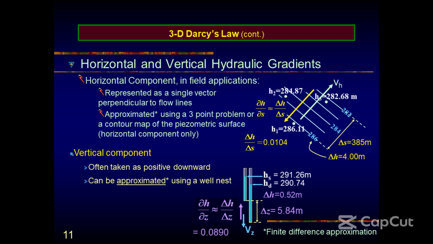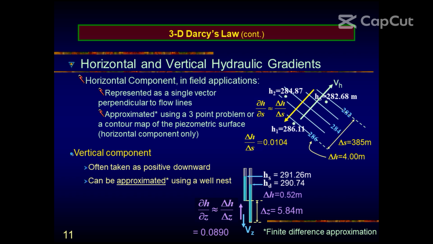And equipotential surface, as the name implies, is just like a contour on which you have the pressure head to be the same at every point on the contour.